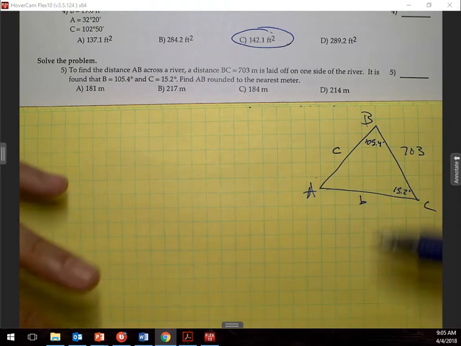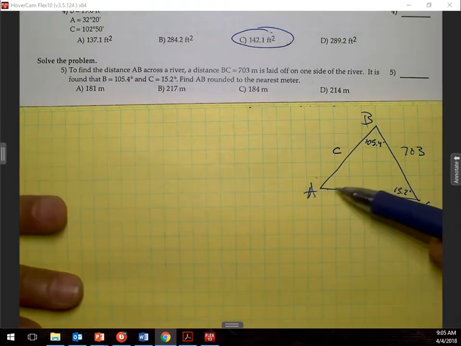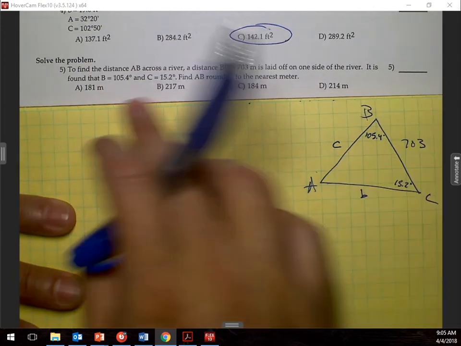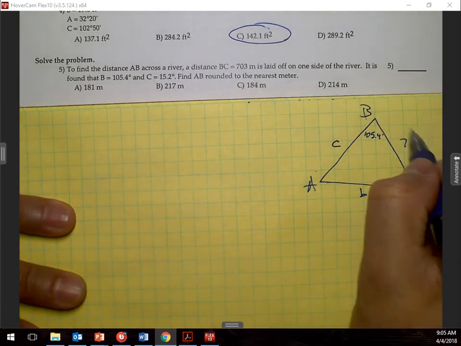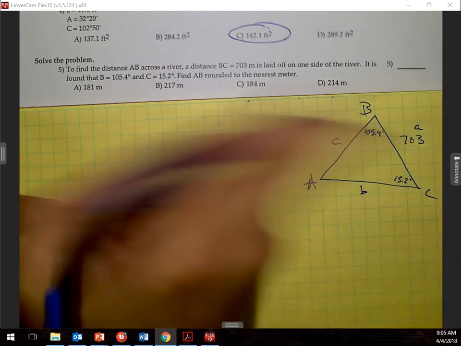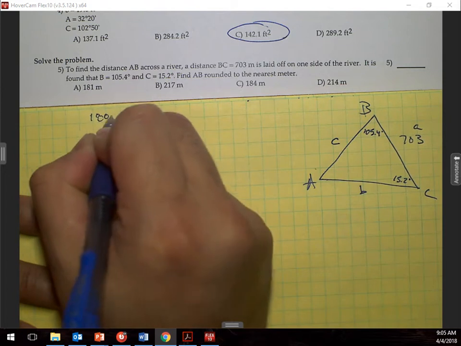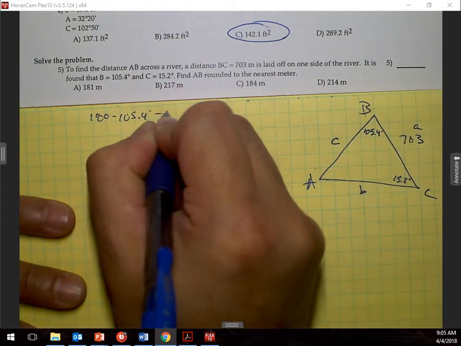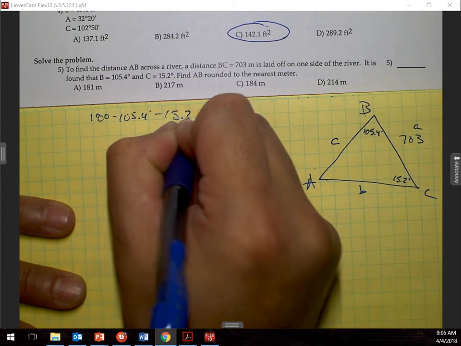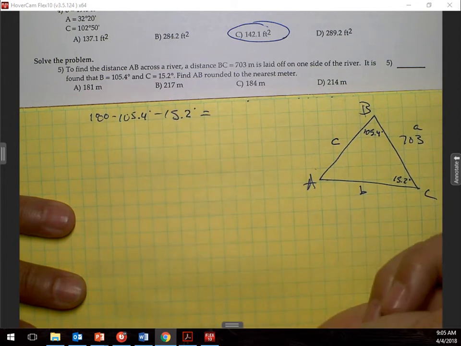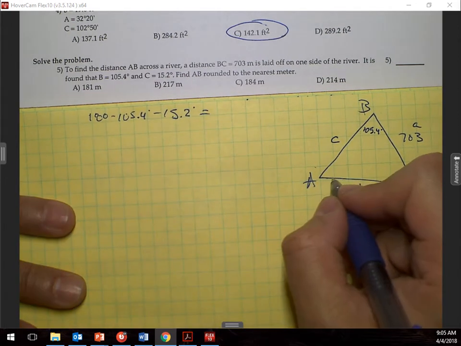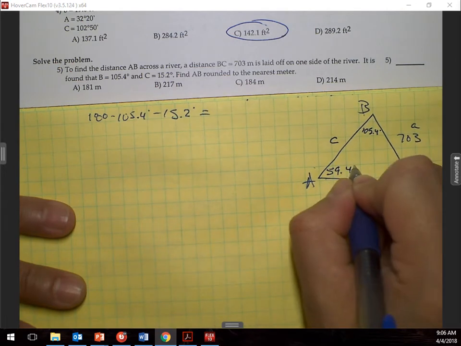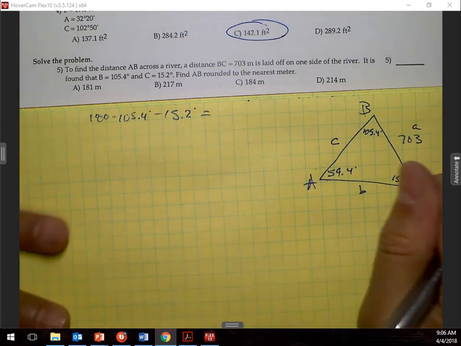So the first thing I'm going to do is find my other missing angle, A, so I can get a pair. That's 180 minus 105.4 minus 15.2, which is 59.4.